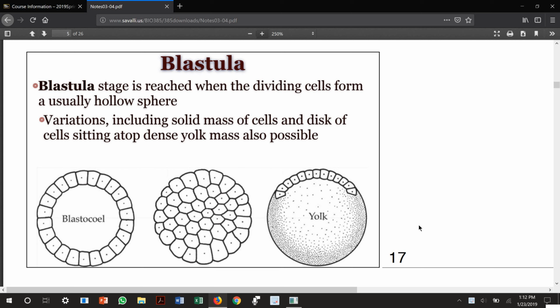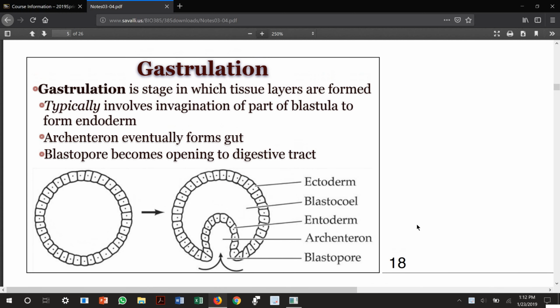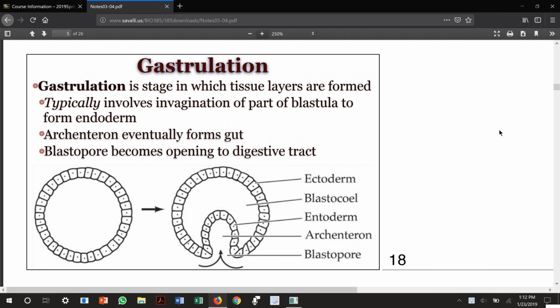All right. After you have that hollow sphere of cells, your next process is called gastrulation. Gastrulation is the process by which you basically form those first two embryonic tissue layers, the endoderm and the ectoderm. Again, typically, notice that word here, there are exceptions to this, especially if you have a solid mass of cells, or you're sitting on top of a yolk, then gastrulation works a little bit differently.